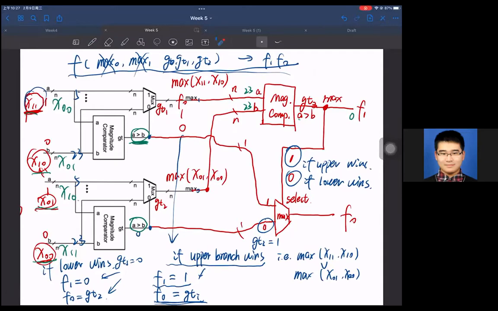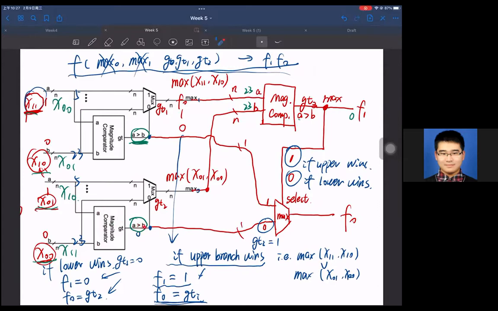But if you're unclear about this circuit, just refer to the last time. I can give you a short recap: you have a magnitude comparator over here. The multiplexer takes just the raw inputs A and B, and we have the magnitude comparator.